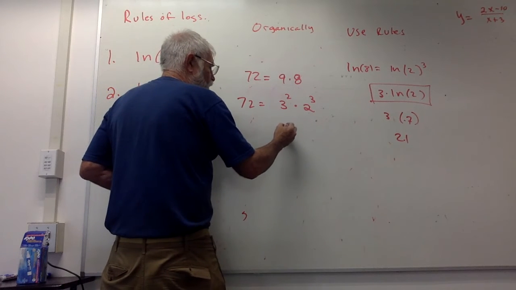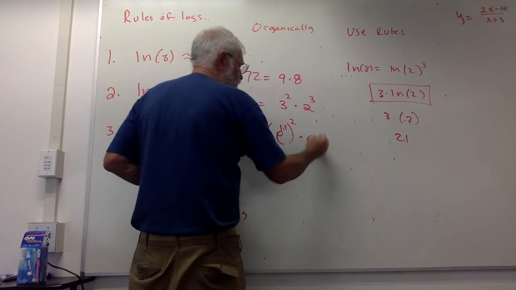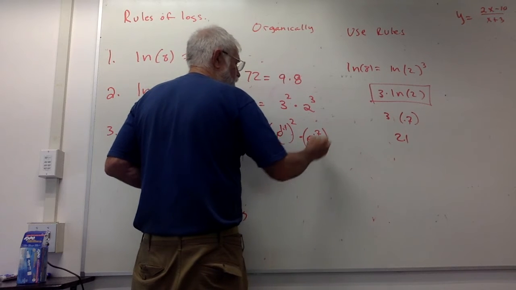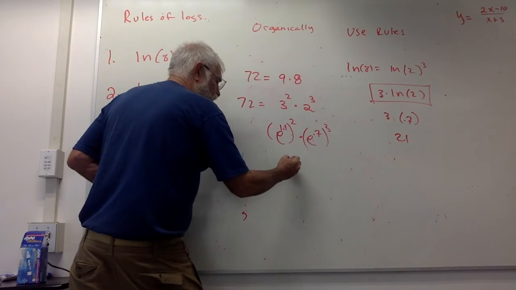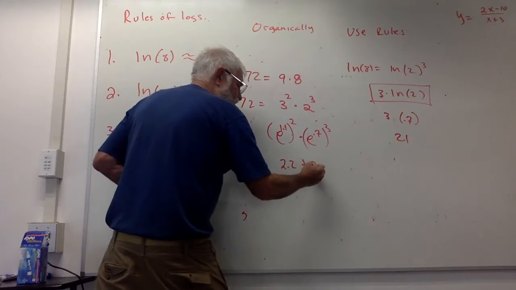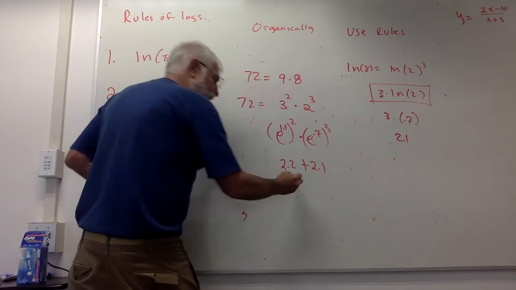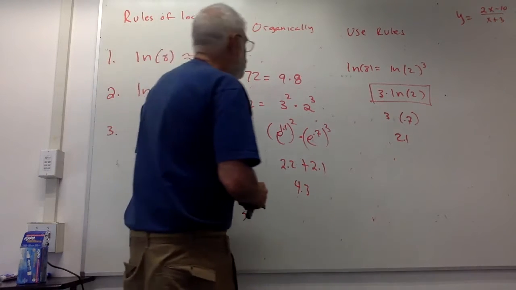This is e to the 1.1 squared, and this is times e to the 0.7 cubed. Doesn't hurt to do it again. Well, that's 2.2, and I know when I multiply like this, I add, and that's 2.1, so my answer is 4.3. Let's do it using the rules of logs.